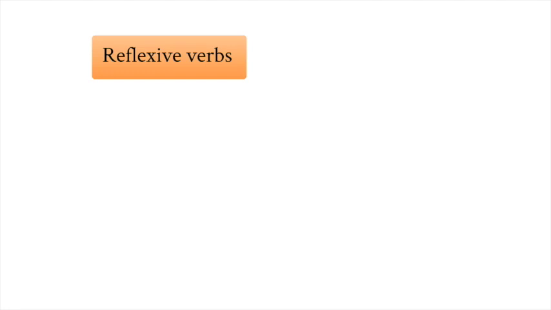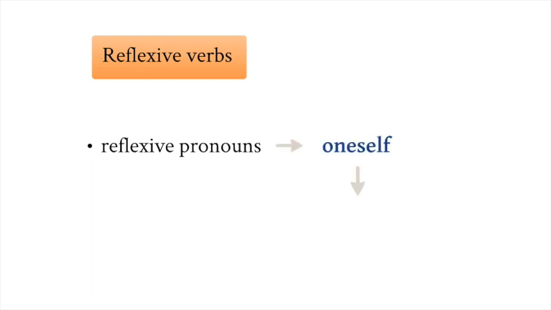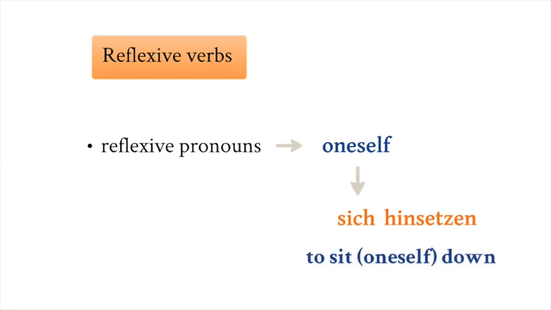For the verb's object, you will always find the reflexive pronoun, in English oneself, and in German it can be translated with sich. For example, sich hinsetzen, which can be translated as to sit down or to sit oneself down. In the infinitive form, you will always find reflexive verbs in connection with the reflexive pronoun sich.